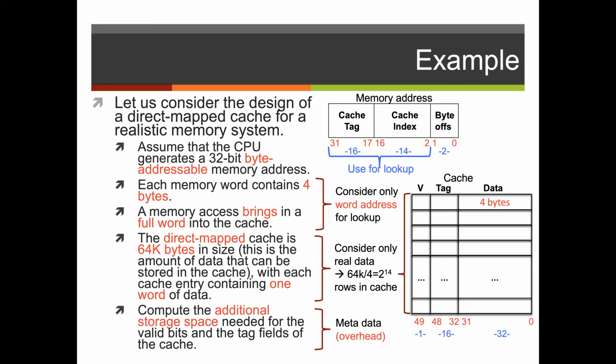And so when we store it in cache here, we're going to store our data in 32 bits, with our tag being 16 bits, and then our valid bit just being 1. So this takes a total of 49 bits.